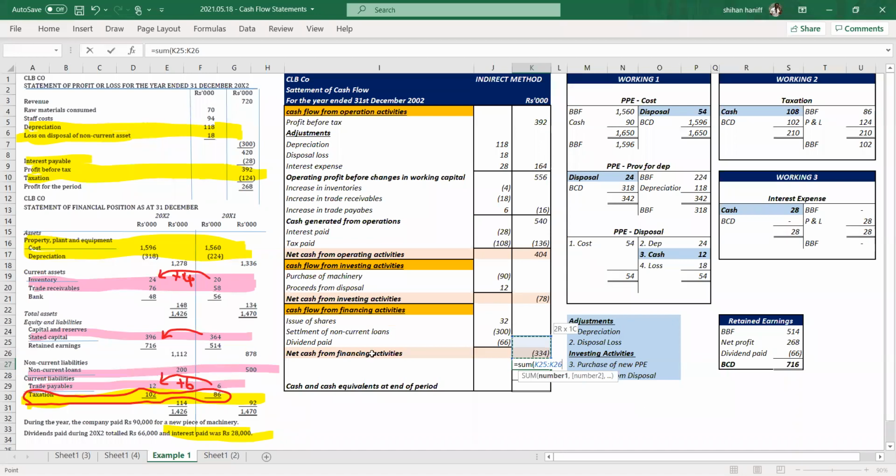So that's the net decrease in the cash and cash equivalent.